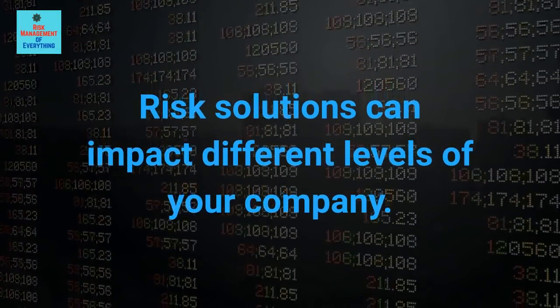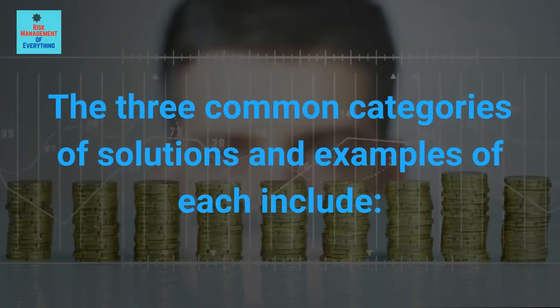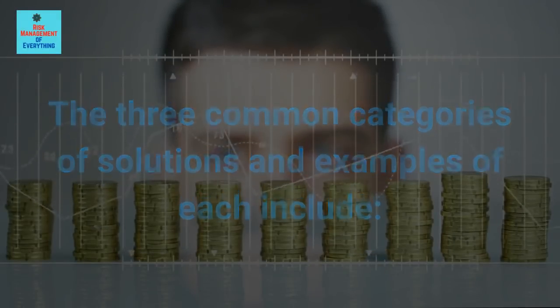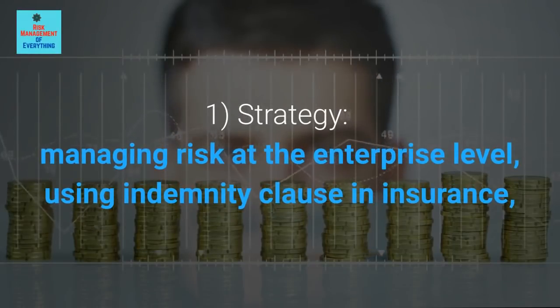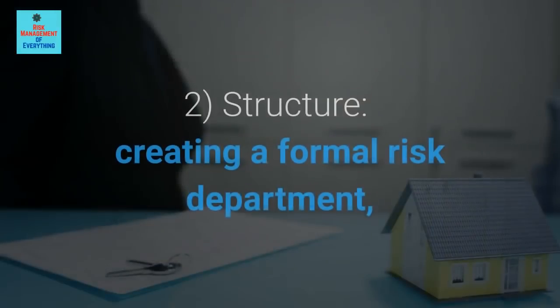Risk solutions can impact different levels of your company. The 3 common categories of solutions and examples of each include: 1. Strategy: managing risk at the enterprise level, using indemnity clauses in insurance, using risk as a means to improve profit margin. 2.